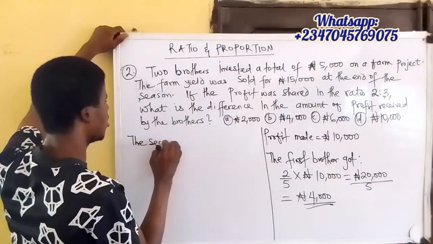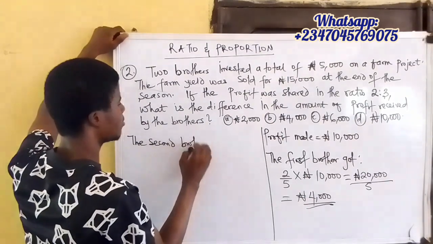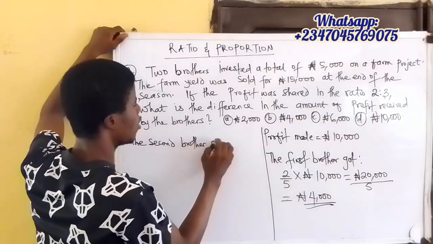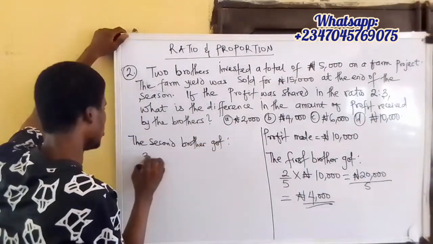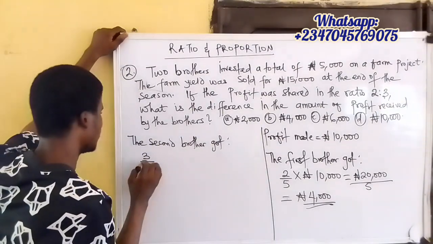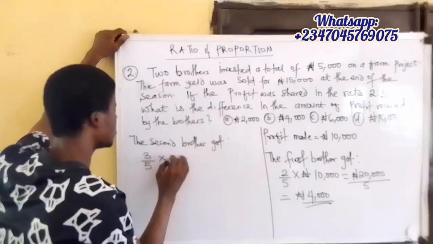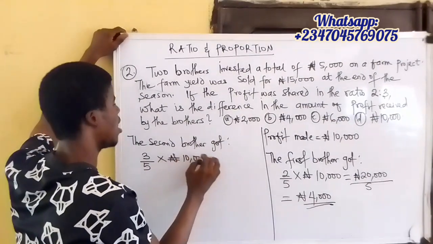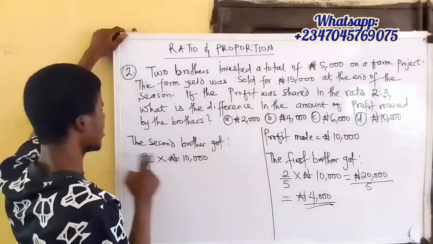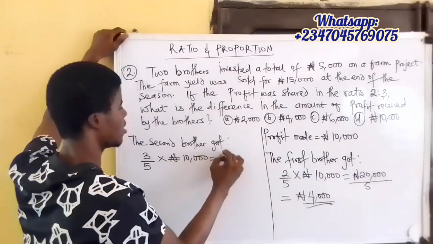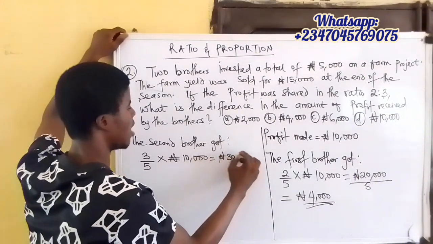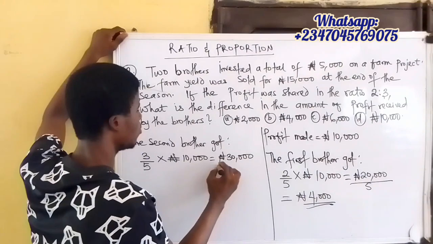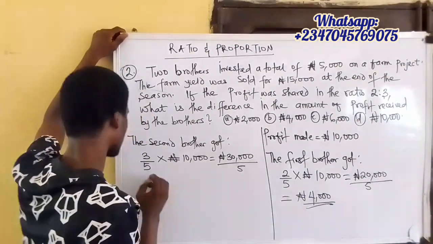Now what about the second brother? The second brother got 3 over the total part, 5, times the same 10,000 naira profit. So 3 times 10,000 is 30,000 over 5.